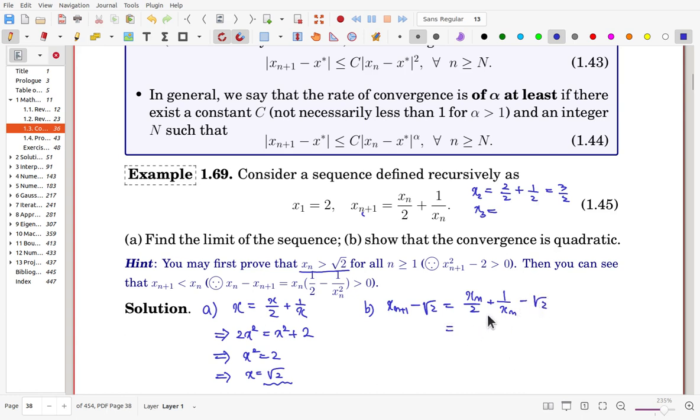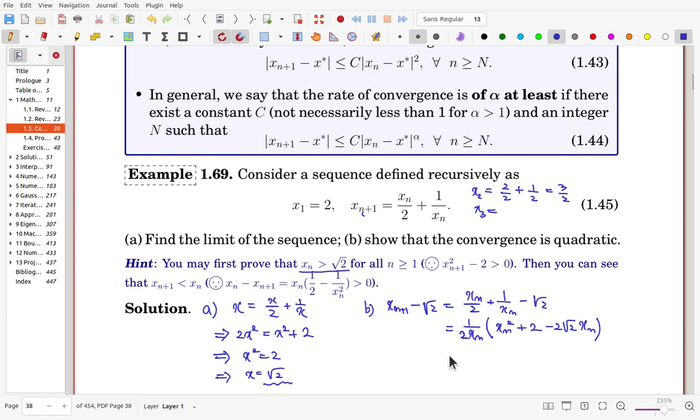Here we'll factor out 1 over 2xn. Then the first term becomes xn squared, the second becomes 2, and the final one becomes 2 square root of 2 xn.